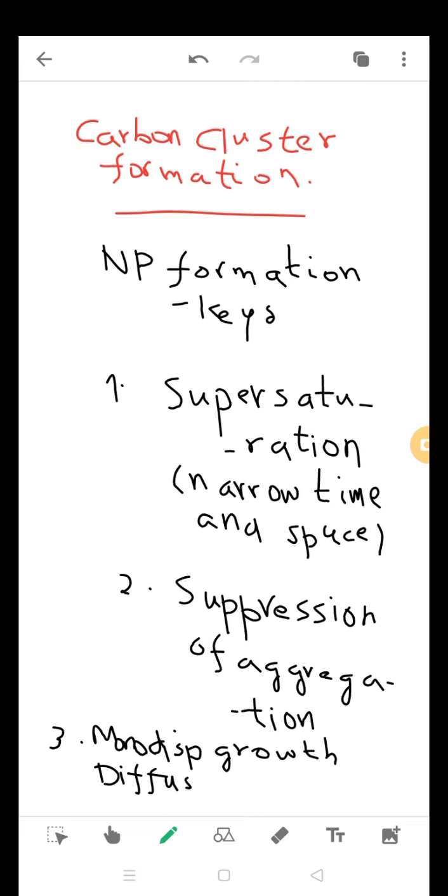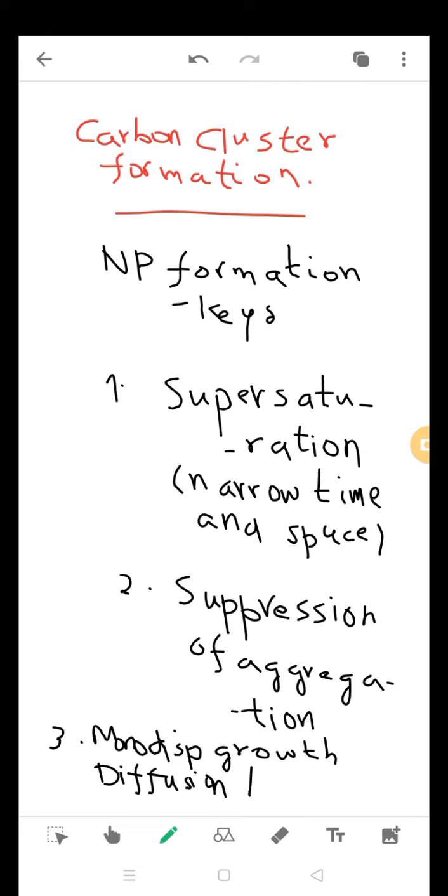It means when the nanoparticle is formed, we need to control its growth, and that growth can be controlled by controlling the diffusion, or there is a quantity called Ostwald ripening.